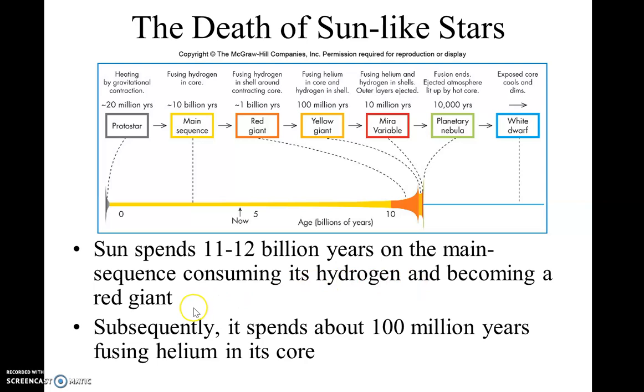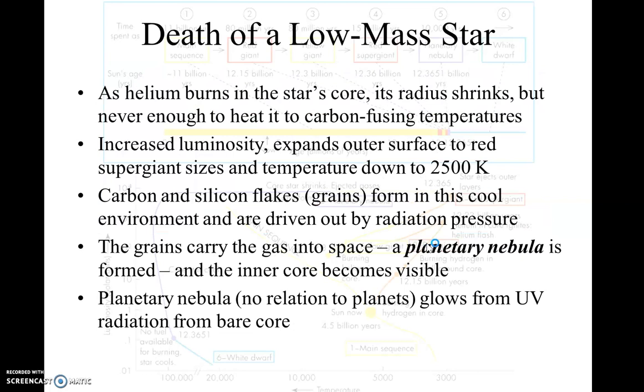And then eventually, as the star runs out of its hydrogen fuel supply, it becomes a red giant. It spends roughly 1 million years, give or take, fusing helium in the core into heavier elements.